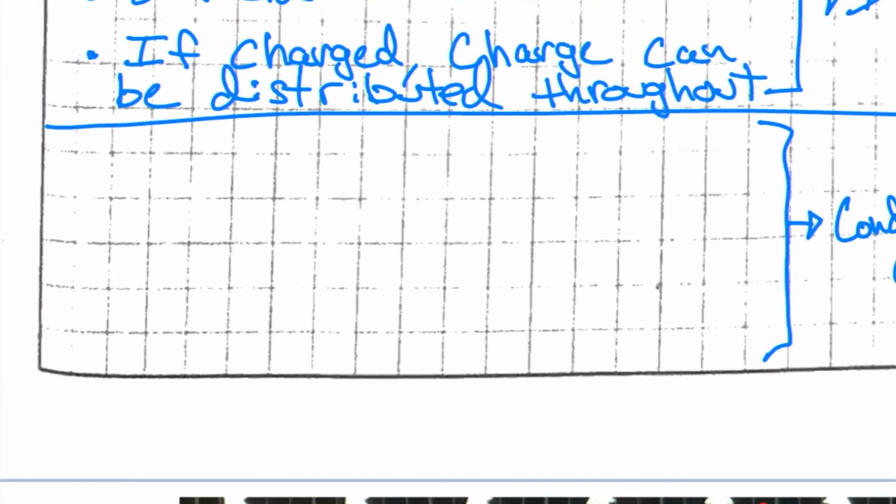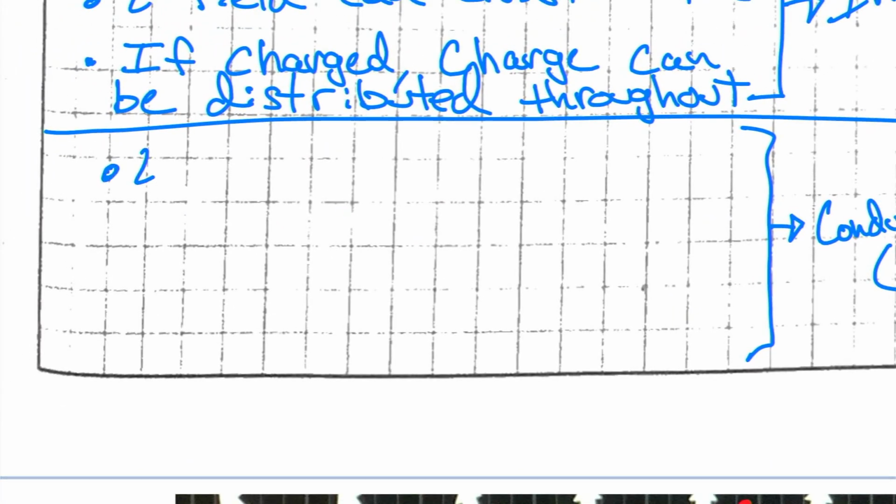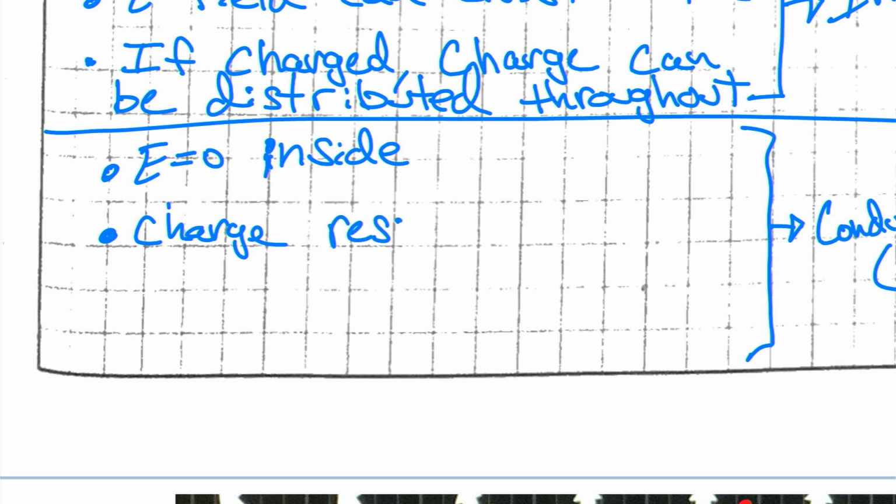For a conductor, E equals 0 inside the conductor. Okay? That's when it's at equilibrium. The charge will reside on the surface of the conductor.